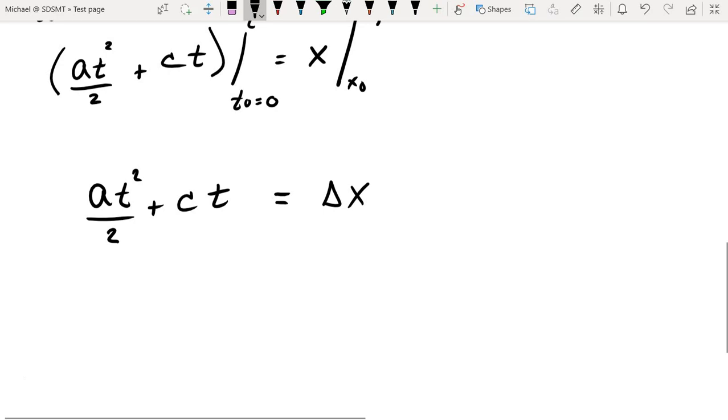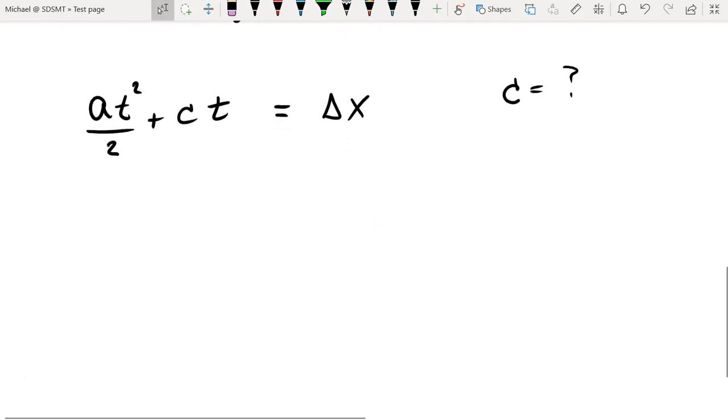I have an algebraic expression, but this equation is pretty much useless to us without knowing what that constant of integration is. We need to figure out what the value of c is equal to. Otherwise, there's no point in using this equation.